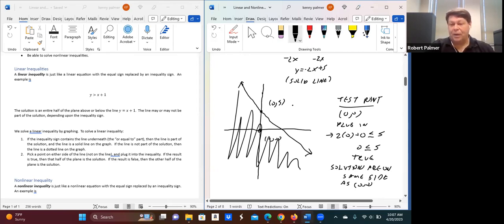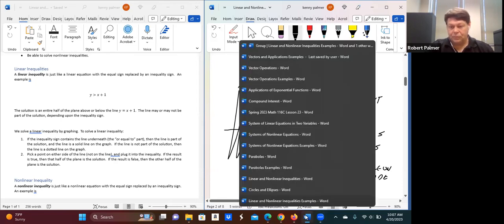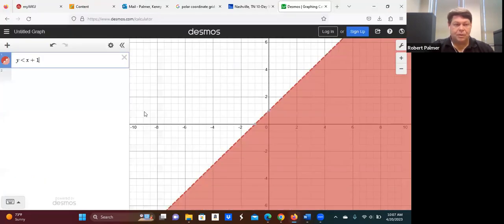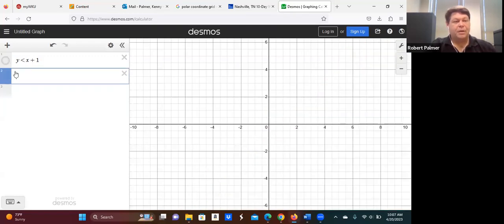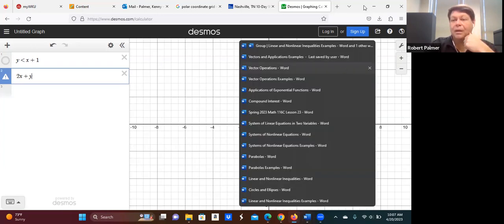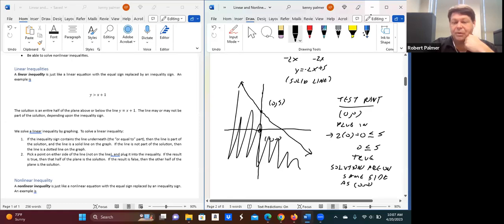Let's graph this one as well on Desmos. So 2x plus y is less than or equal to 5.